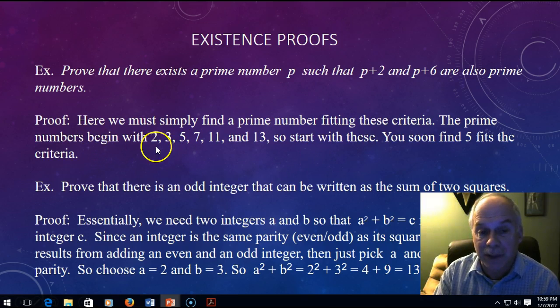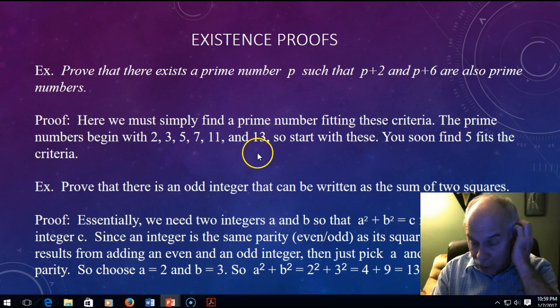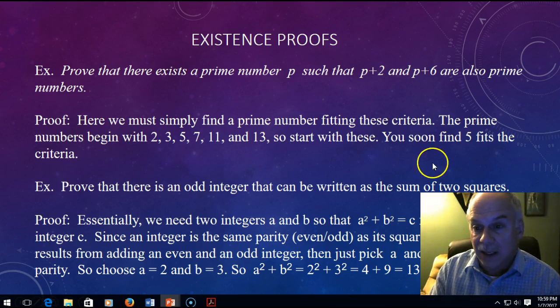The prime numbers begin with 2, 3, 5, 7, 11, and 13. So we can start with these. After a minute, you soon realize that 5 fits the criteria. Why is that? Well, when p is 5, that's a prime number, right?